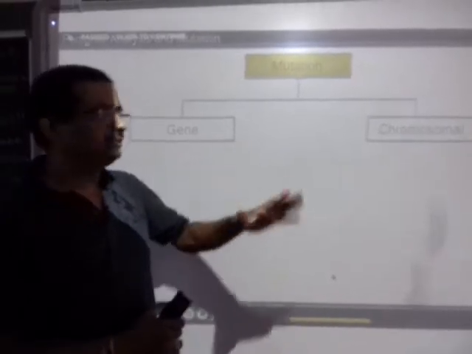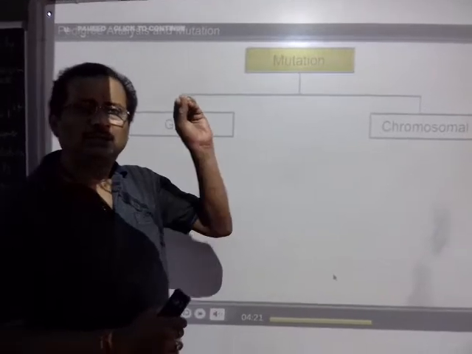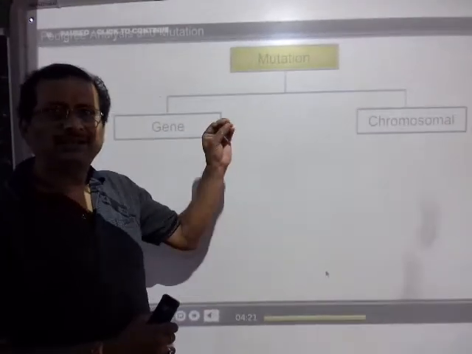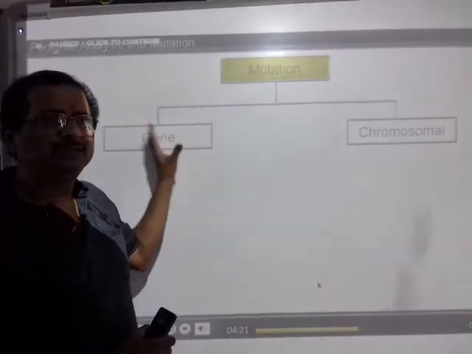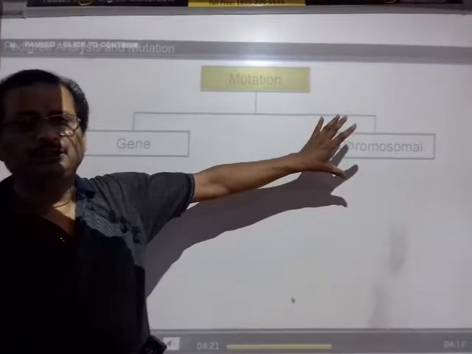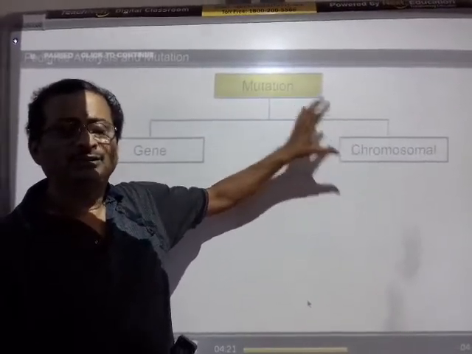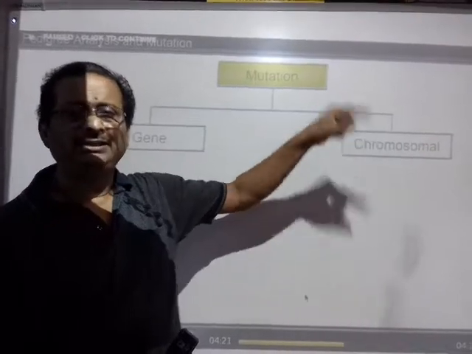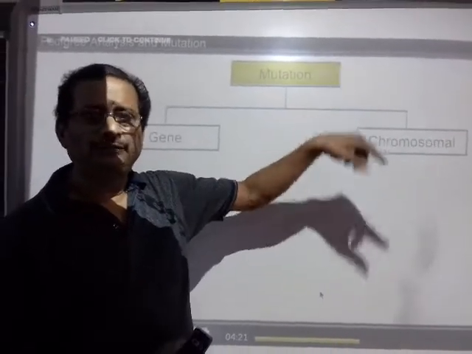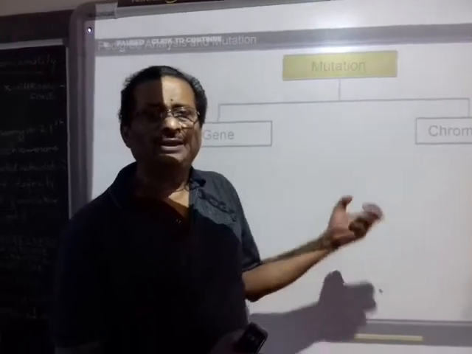Now, there are two types of mutations. One is gene mutation, which occurs in the genes. Another type is chromosomal mutation, where there is a change in the chromosome number. What we studied in Down syndrome or Klinefelter syndrome are types of chromosomal aberrations.